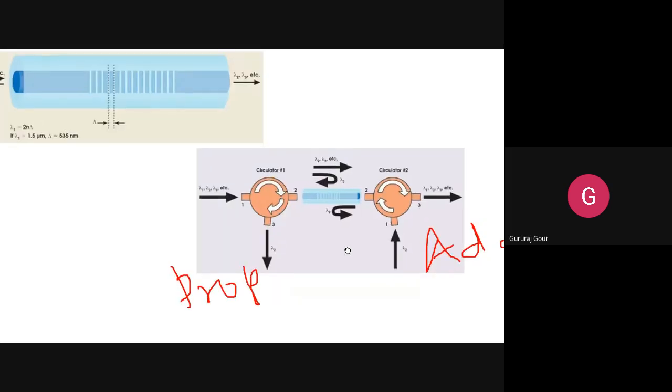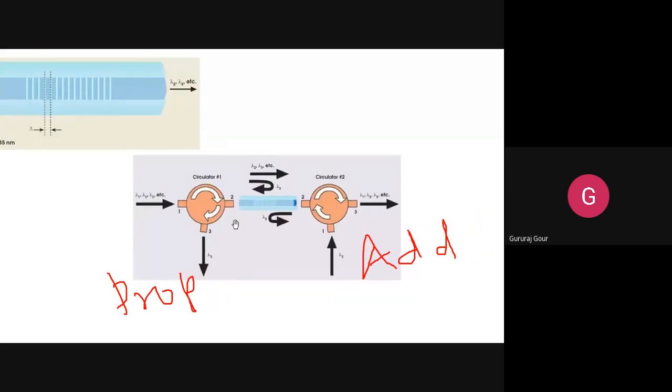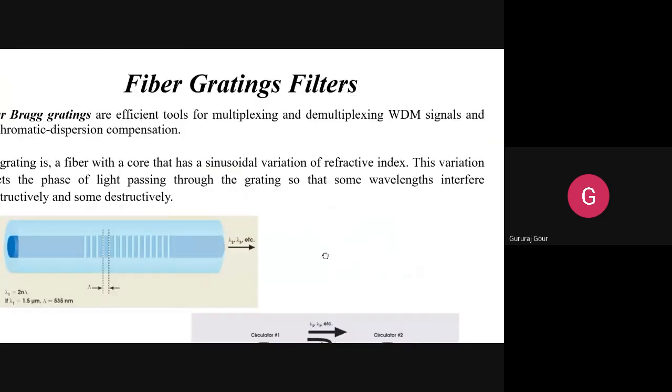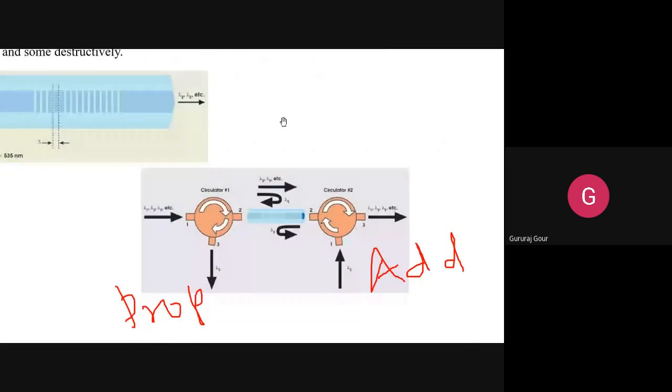If you look at this figure, just enlarged here, we are using two 3-port circulators and one fiber grating material or filter. We have two circulators and one fiber grating filter here.